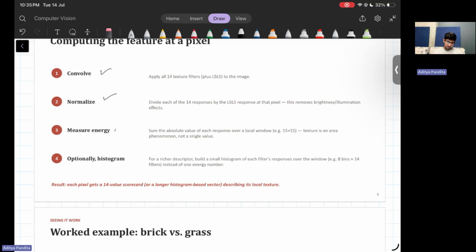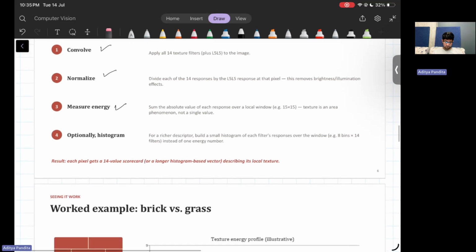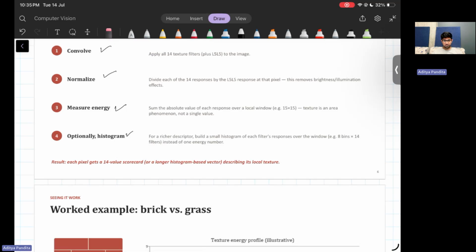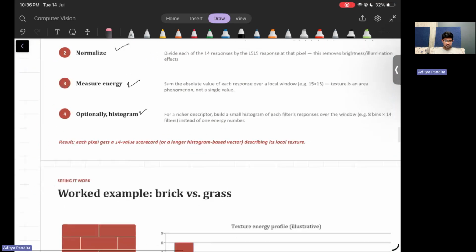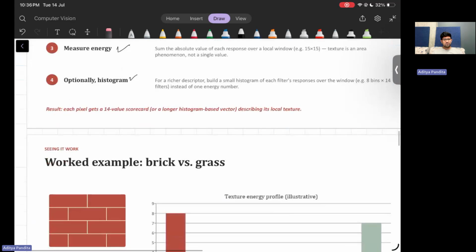Finally, there is an optional refinement, a histogram, which, instead of one energy number per filter, builds a histogram of responses within the window. For example, with 8 bins across 14 filters, it captures the distribution shape and not just the average magnitude. The result is that every pixel gets a 14 value scorecard, which feeds into a classifier or a segmentation algorithm.